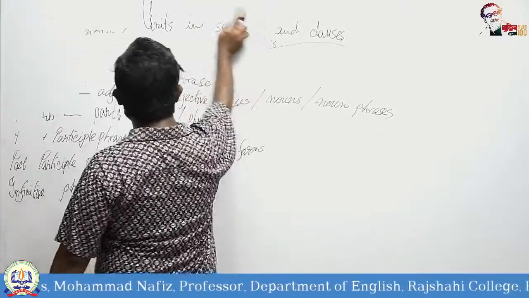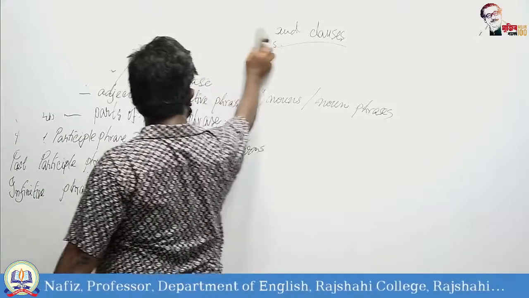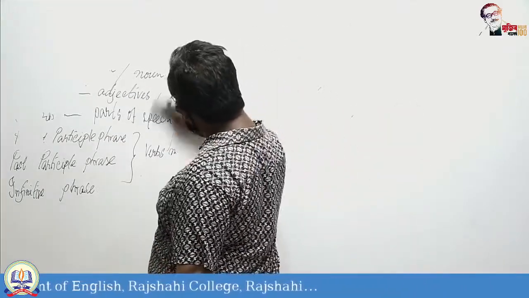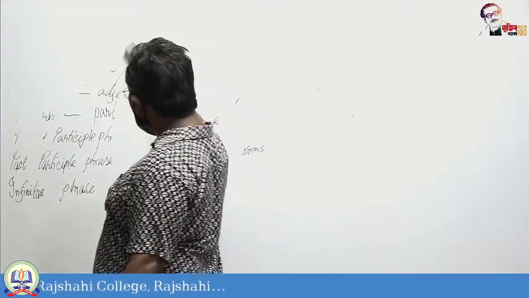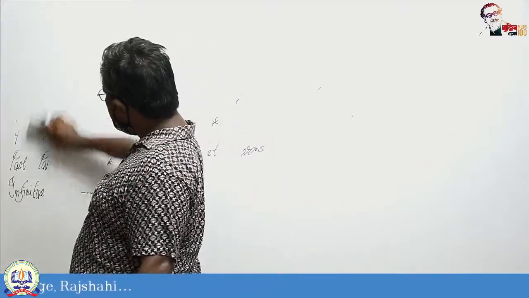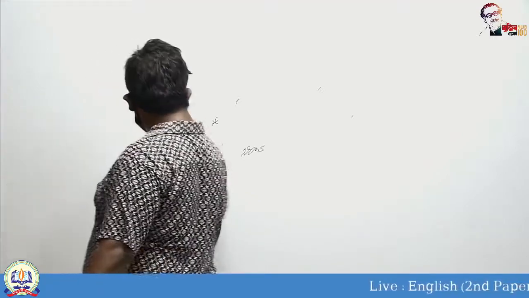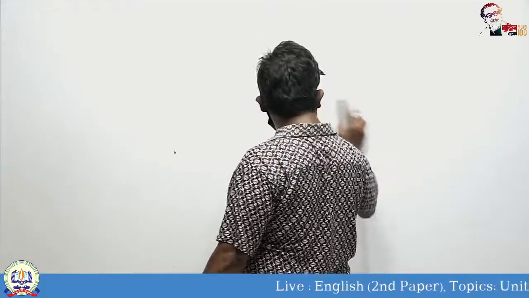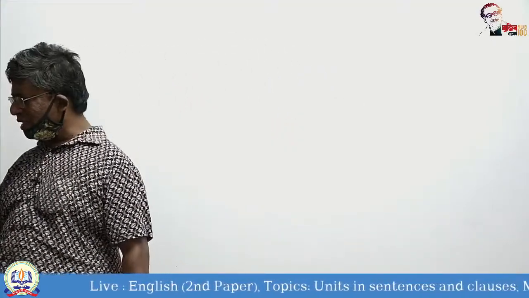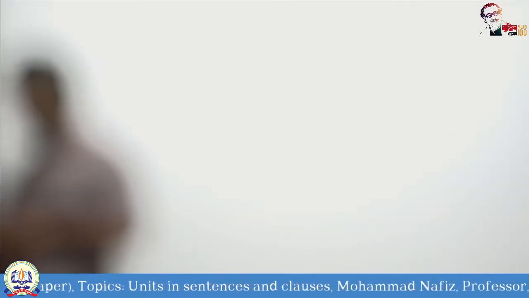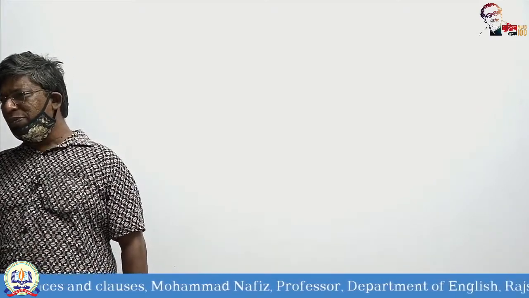We have 4 different phrases in English language: noun phrase, adjective phrase, verb phrase, and adverb phrases. So in the next class I will discuss different phrases so that you can get a better idea about different units in a sentence.